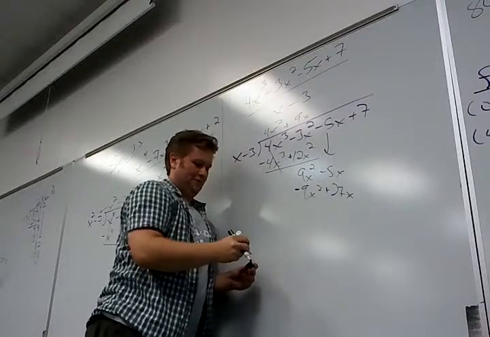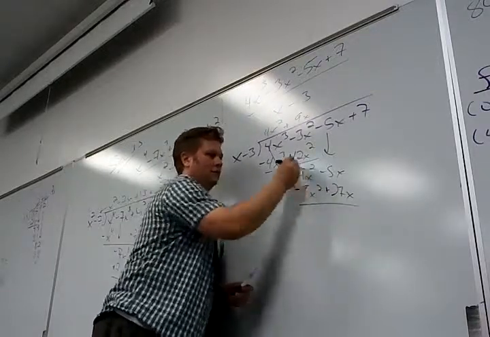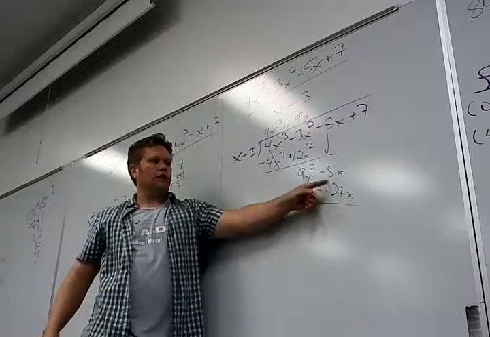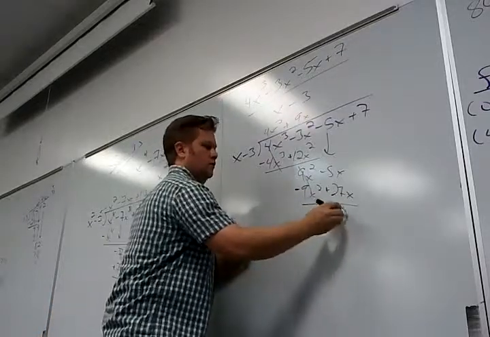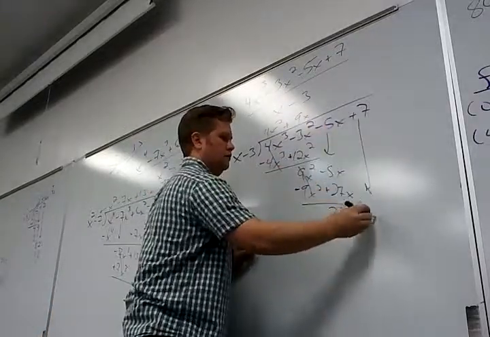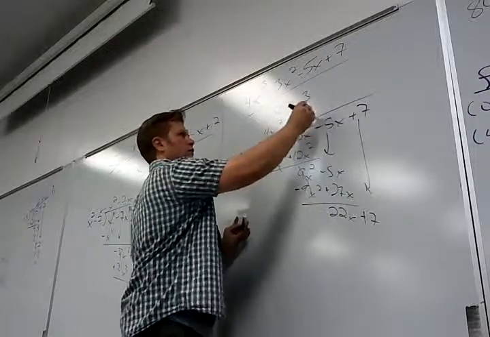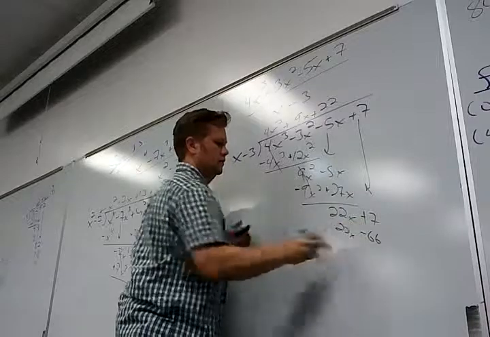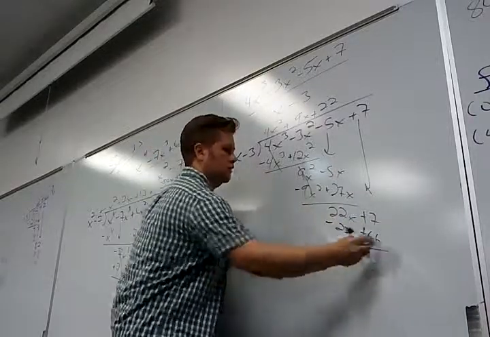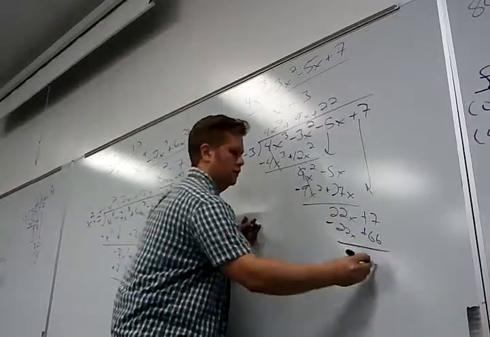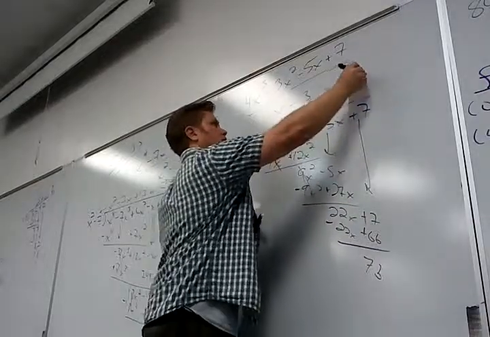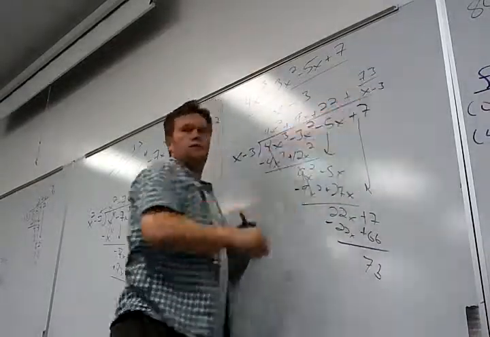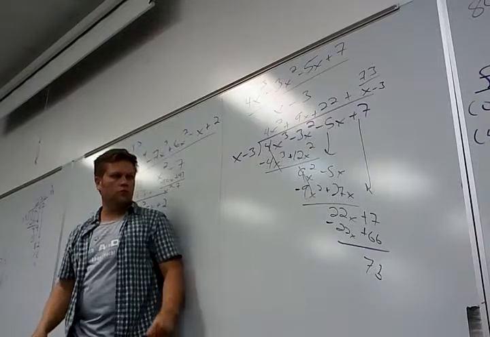Change the signs. Those cancel. Negative 5 minus negative 27 is 22. Bring down the 7. X into 22x, that's 22. Minus 66. Change the signs. And there's your 73. 73 for what? X minus 3. Cool.